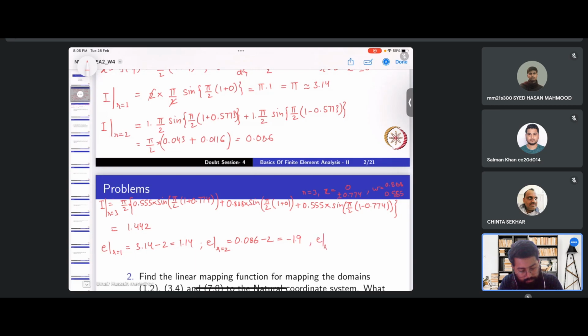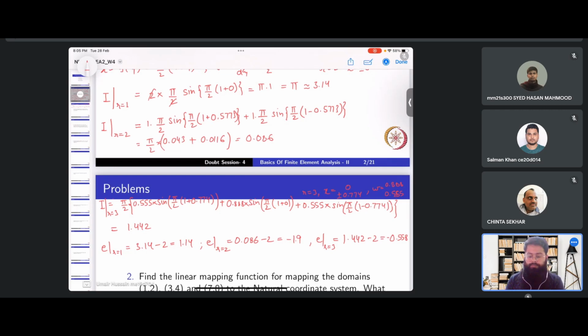Then for r equals 3, we have an error of 1.442 minus 2, which is 0.55. So the error finally reduced at r equals 3.